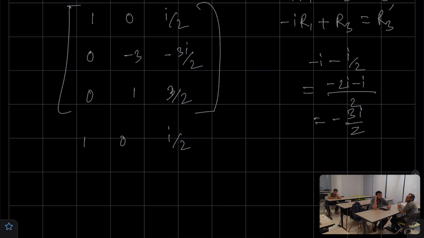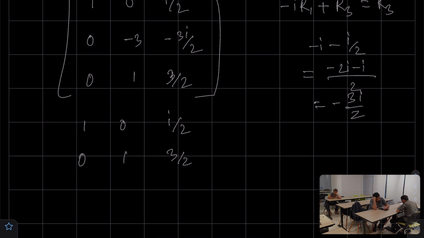Can you tell me which ERO you need to do to make it? Yeah. So you can do just simply 0, 1, 3 over 2, 0, minus 3, minus 3I over 2. I used the third ERO here, right?